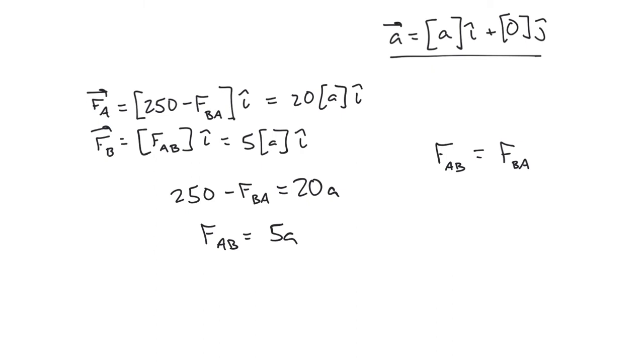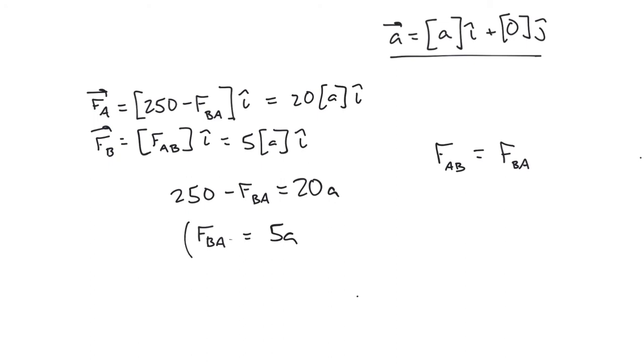But we know they are the same magnitude, so we can plug them in as the same number. So here where I have force of A on B, I can put force of B on A since we know they are equal. So now we just have a system of two equations, and you could solve this for either A or force of B on A. The question wants the force of A on B, so we're going to find that.